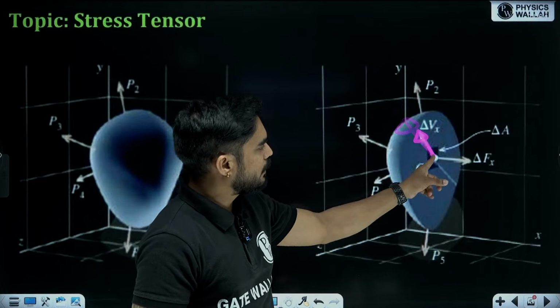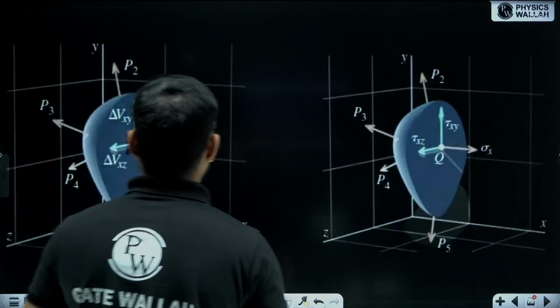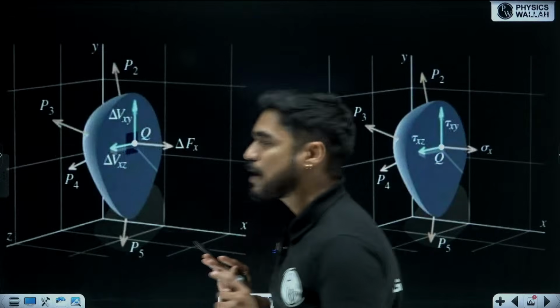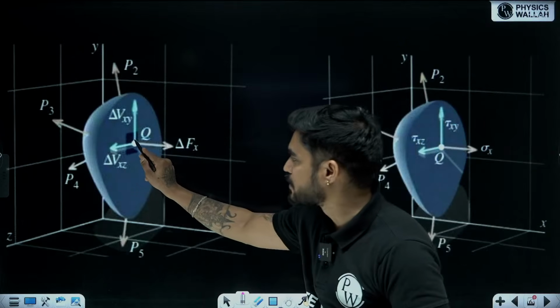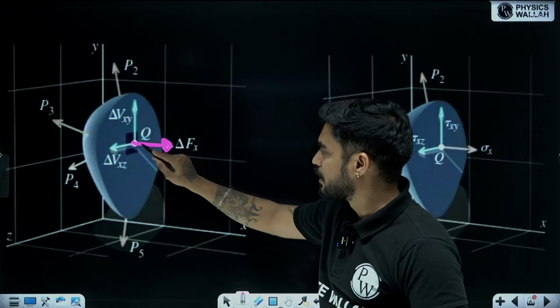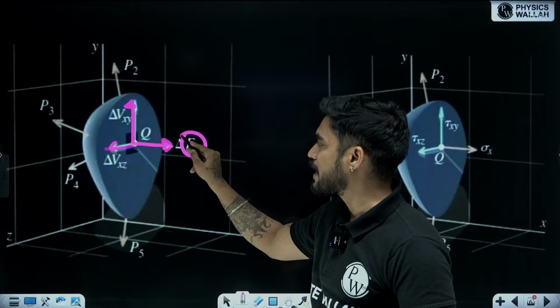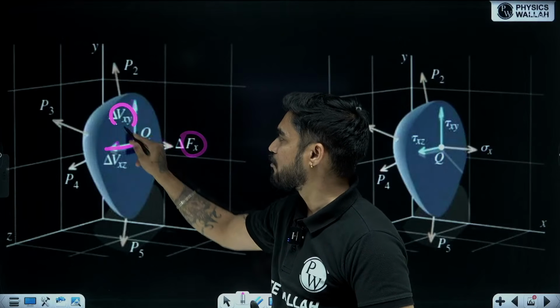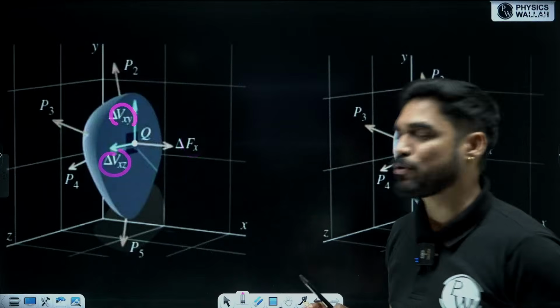So we can resolve this into two rectangular components. So now you have three internal forces at this point. One is normal to the plane, other two are parallel to the plane. One is in x direction, other two are in y and z direction. Okay, this is clear to everyone.